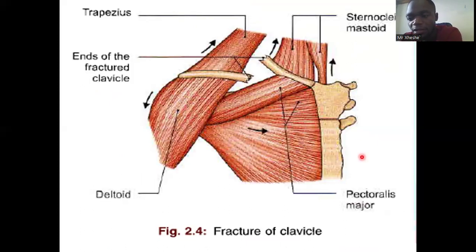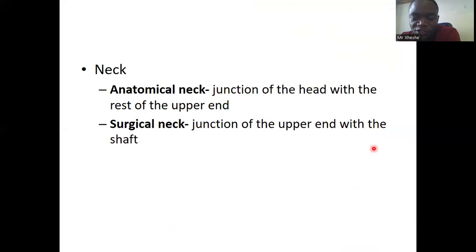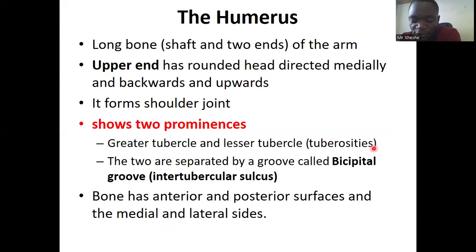That was feature number 3: it is the first long bone to fully ossify, meaning it was a membrane and has been transformed into bone. Okay, so I'll end there. There are about 7 or so features, but those are the most important ones.